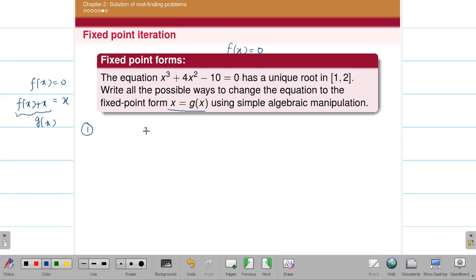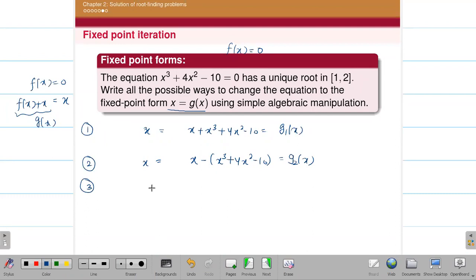So I can write x is equal to x plus x cube plus 4x square minus 10. This is one way to write g of x. Another way I can write with subtraction, x minus x cube plus 4x square minus 10. This is another way to write g of x. Any other way?